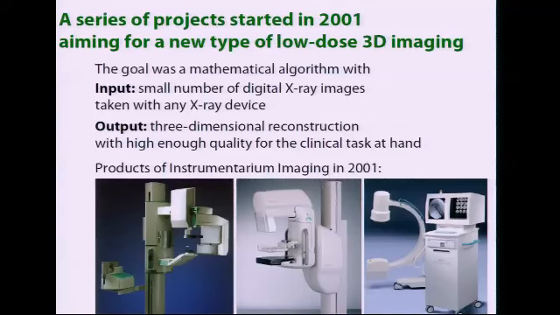And this was our motivation when we started a project in 2001 with the Finnish company Instrumentarium Imaging, that was later bought by GE Healthcare, and then later it was sold to Palodex Group. At that moment they had three different types of devices: one for dental X-ray tomography, one for mammography, and one for surgical X-ray imaging.